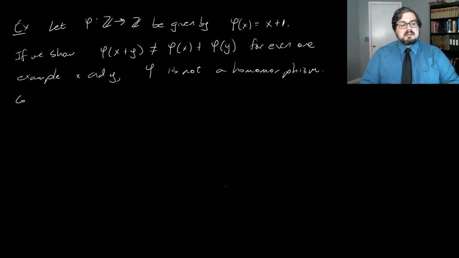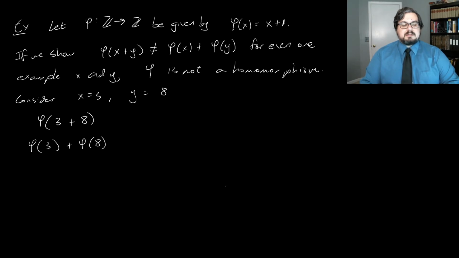So let's consider x equals 3, y equals 8. And we could try looking at phi of 3 plus 8, and we're going to compare that to phi of 3 plus phi of 8.